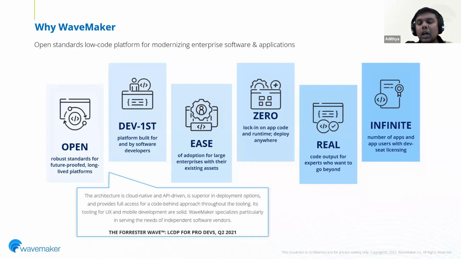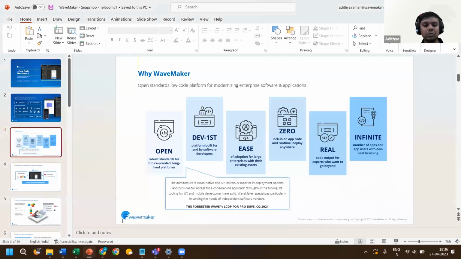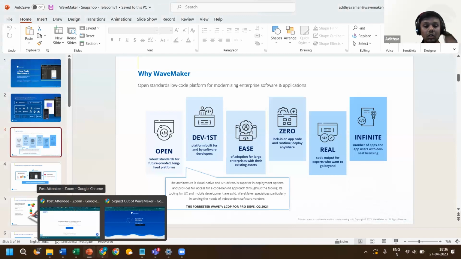A little bit about our operating model, which is basically our pricing as well, which is completely developer focused. We charge based on the number of developer seats. We have no limit to the number of applications that you develop or the number of end users that access these applications. I'm going to take a quick pause here and switch screens and move into the demo.